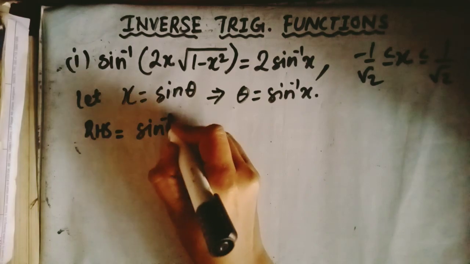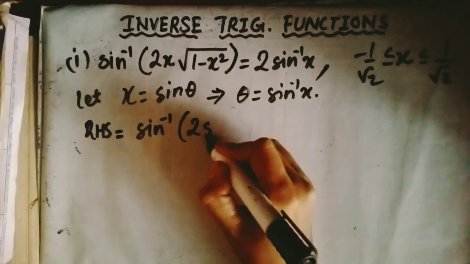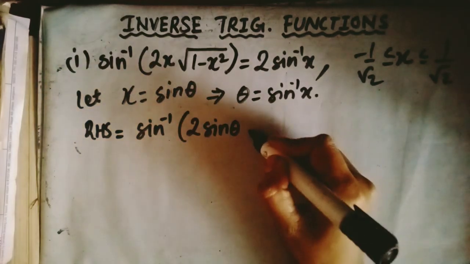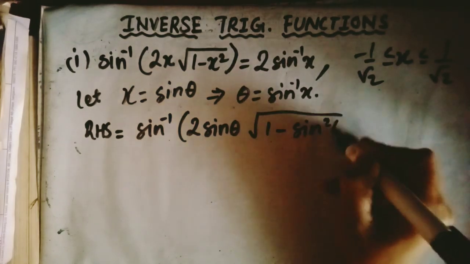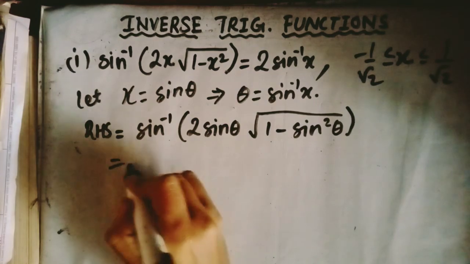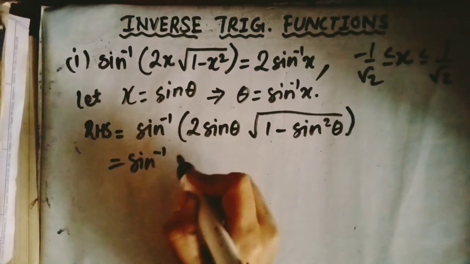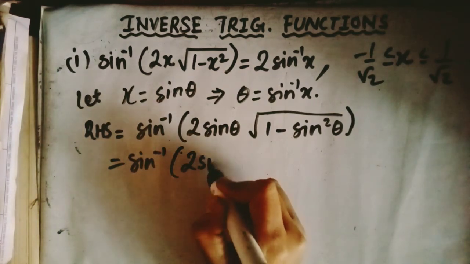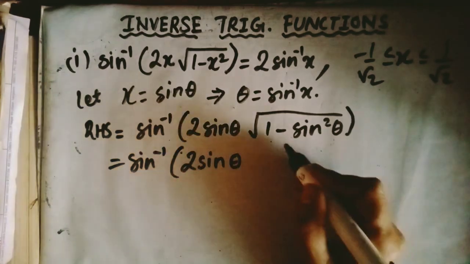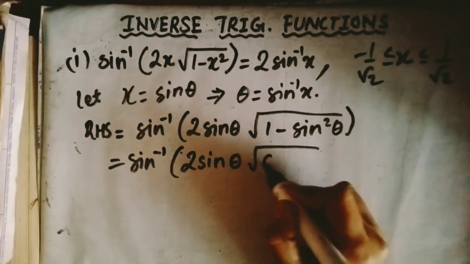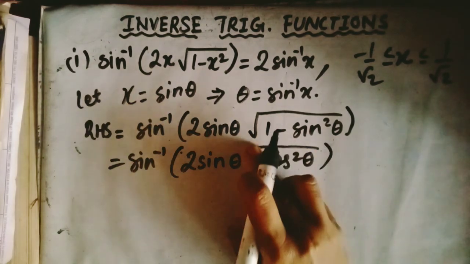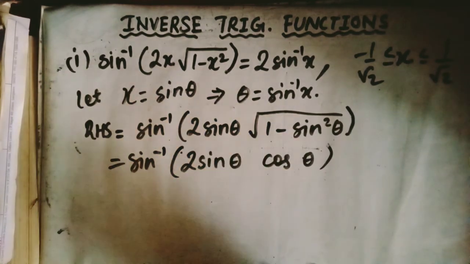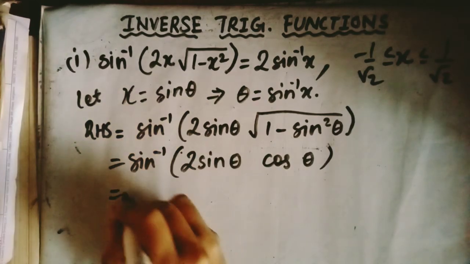sine inverse of 2 into sine theta root of 1 minus sine square theta. Sine inverse 2 sine theta, 1 minus sine square theta is cos square theta, then cos square and root will go and sine theta into cos theta remains.